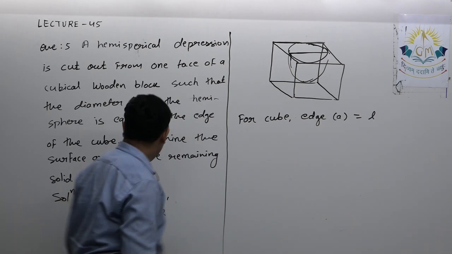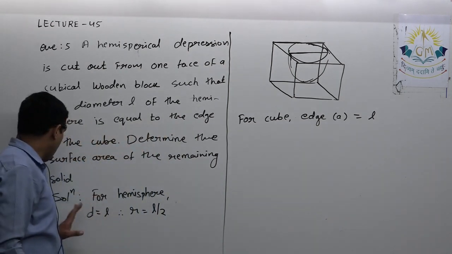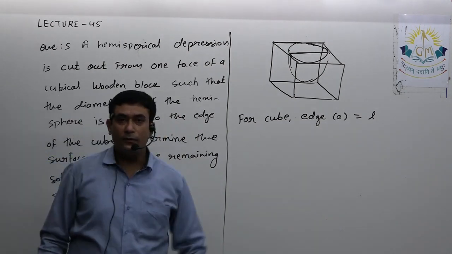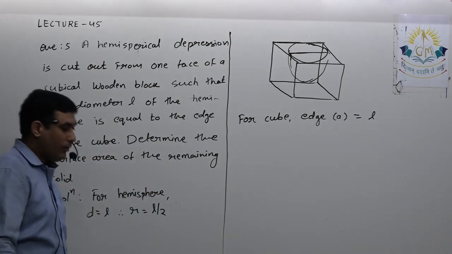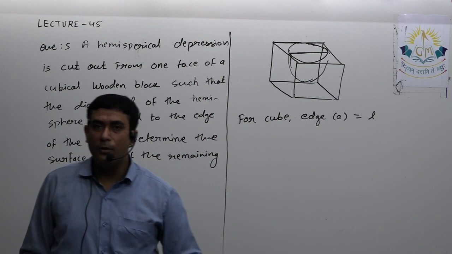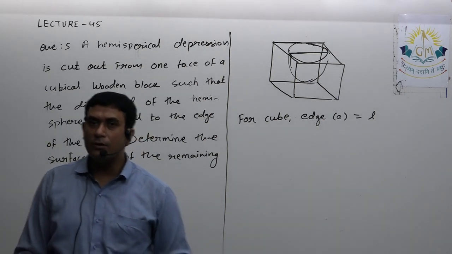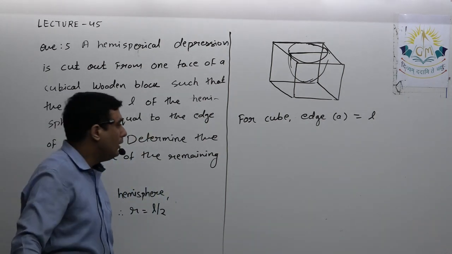Now we have to find the area of the remaining solid. Whenever it is asked to find the area of the remaining solid or area of the total solid, you have to think about the areas or the portions where it is possible to paint.